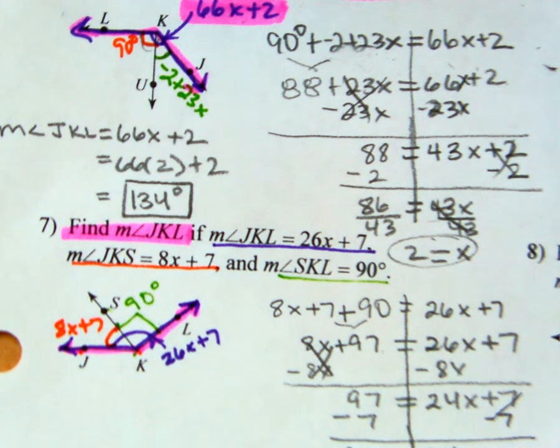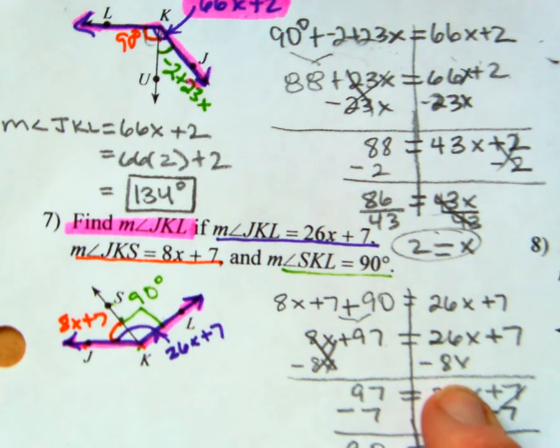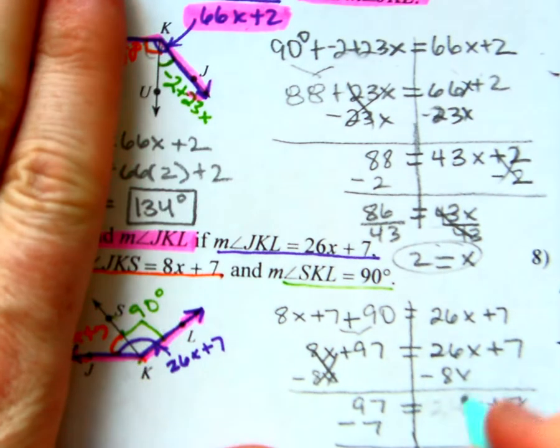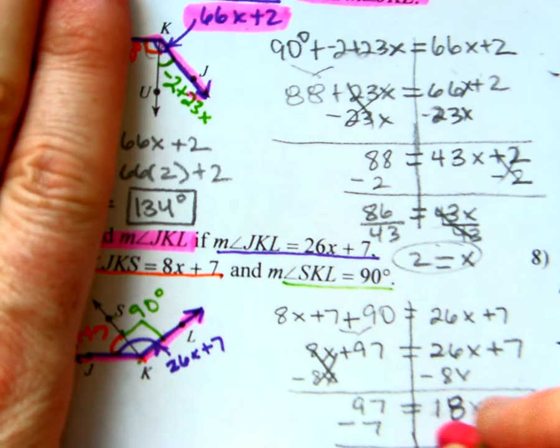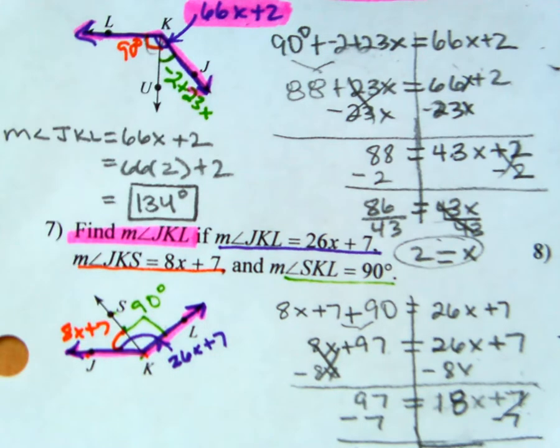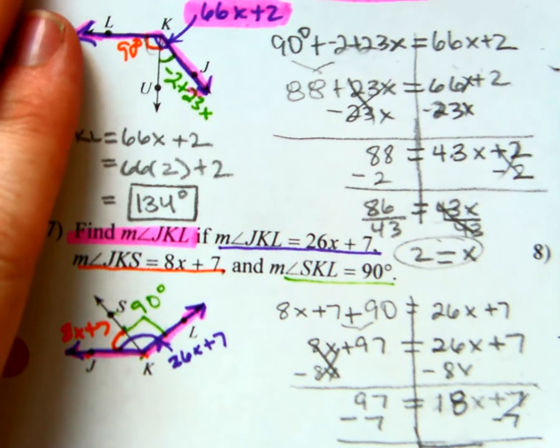Oh, I can't subtract. So 26 minus 8 is not 24. It is 18. And then when I divide by 18, 90 divided by 18, then I get 5, right?